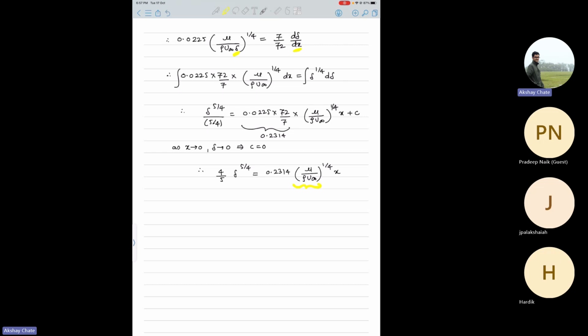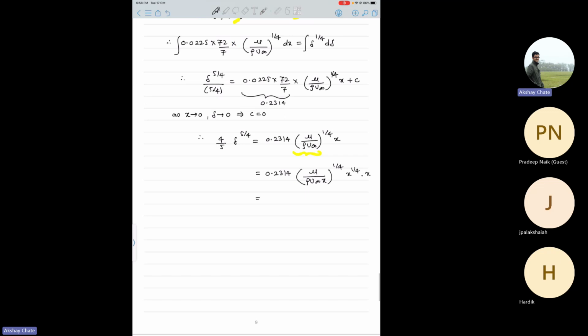So to do that, what we can do is we can write this as 0.2314 into mu by rho u infinity into x power 1 by 4, and then we have to multiply with x power 1 by 4, right? Because we divided by x power 1 by 4, and 1 x which was originally there, it will remain as it is. This is just a manipulation to get a nice form of equation.